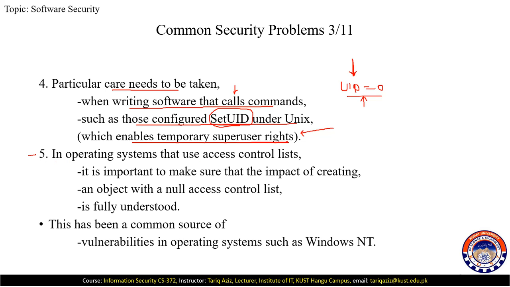Now, dear students, what's the fifth thing? In operating systems that use access control lists, and we already discussed ACL, which is known as access control list, it is important to make sure that the impact of creating an object with a null access control list is fully understood.